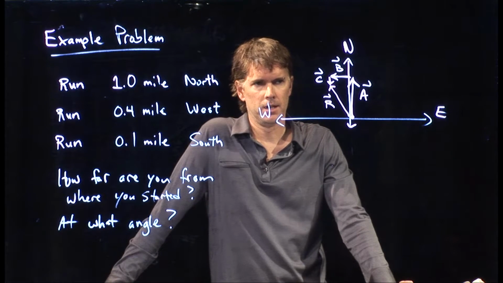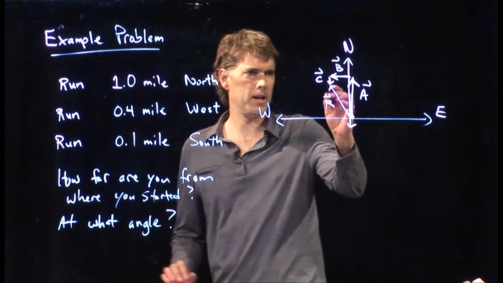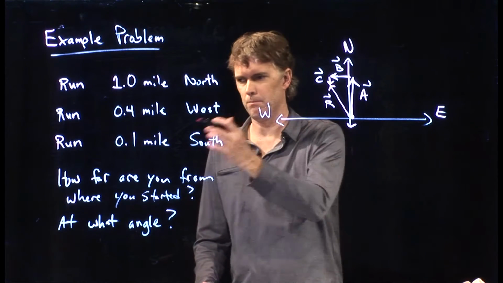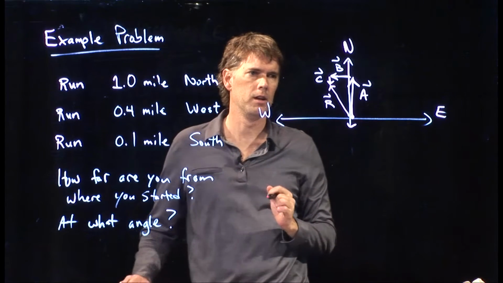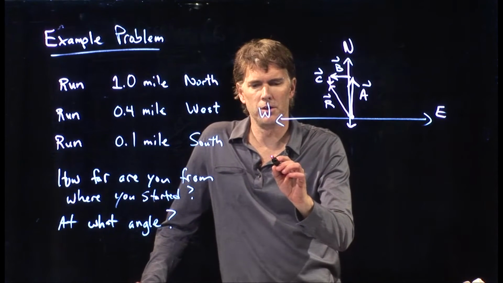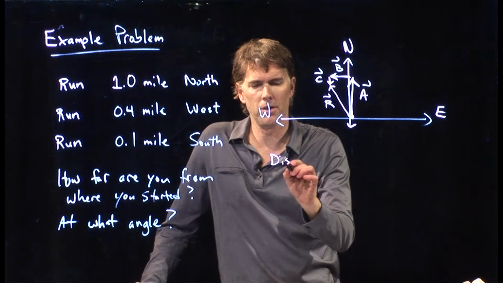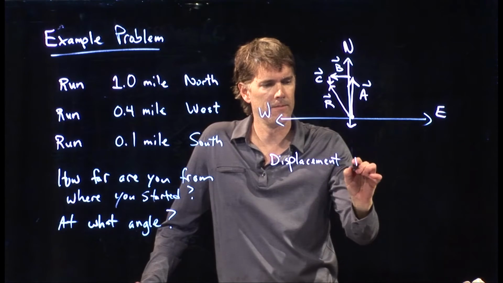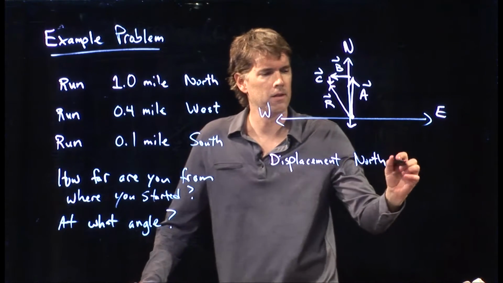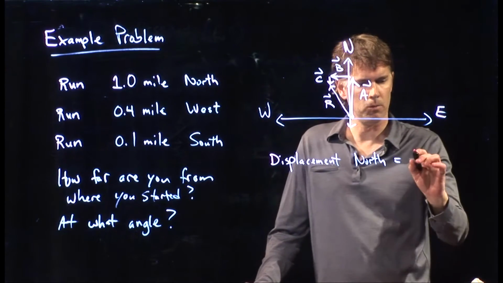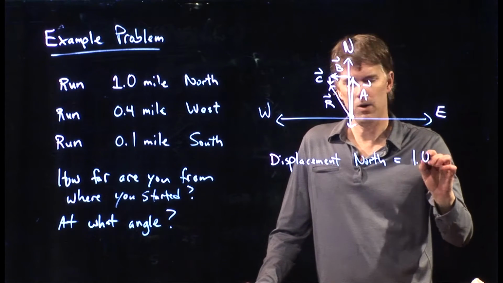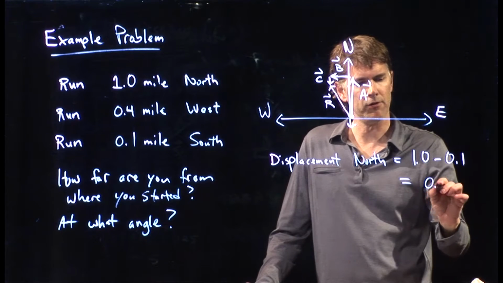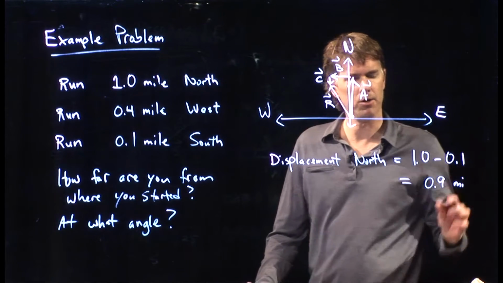No. The only thing that's going to change how far north I am is this last little bit, c, which is minus 0.1 miles. So the displacement north is going to be what? It is 1.0 minus 0.1. We get 0.9, and our units are miles.